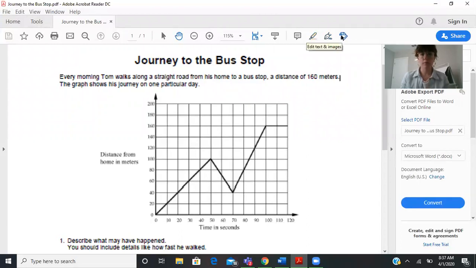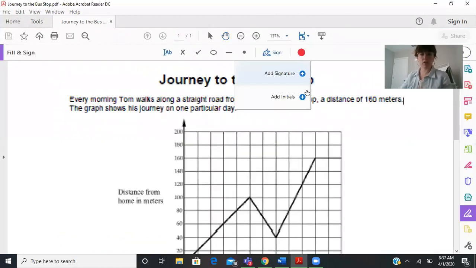Now, I want to edit some things so that it makes it easier for you to understand.